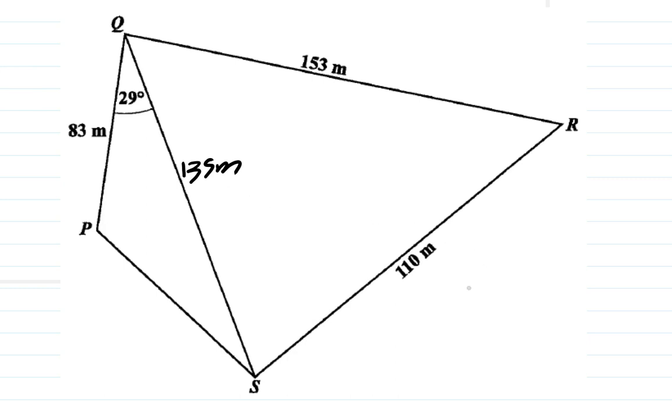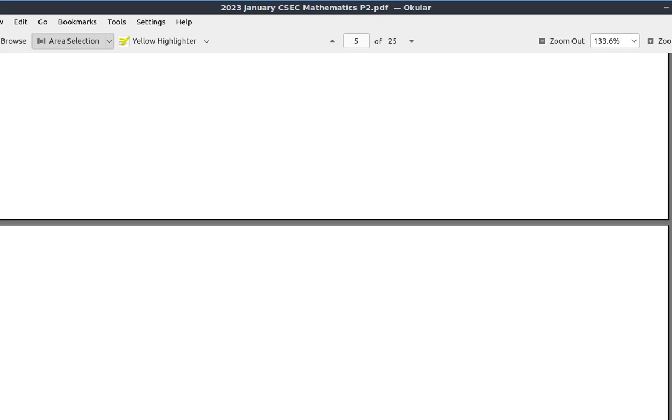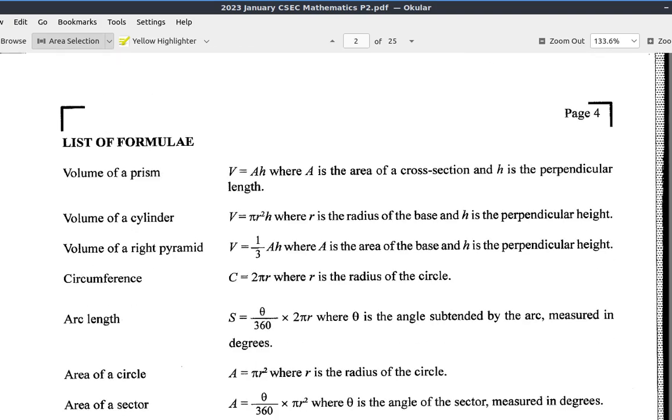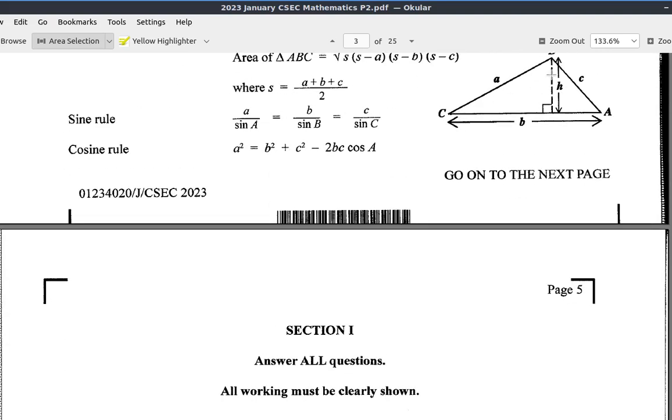Right? So, when you look at the cosine rule on the formula sheet, let's look up at the formula sheet and see what the cosine rule says. You have this triangle.